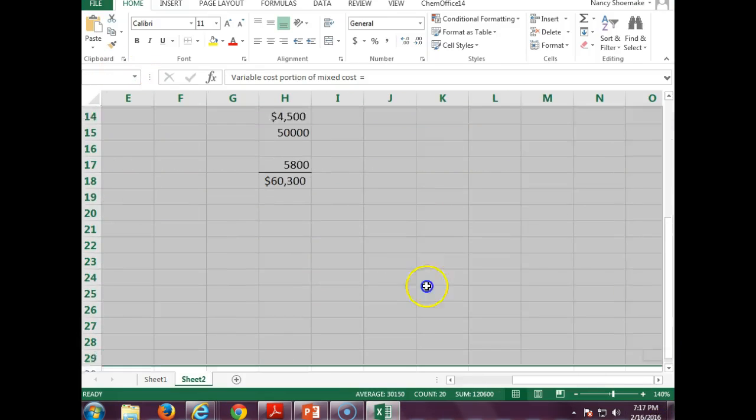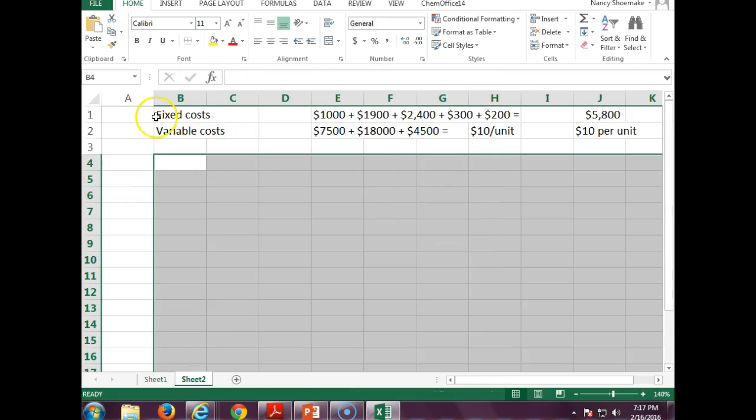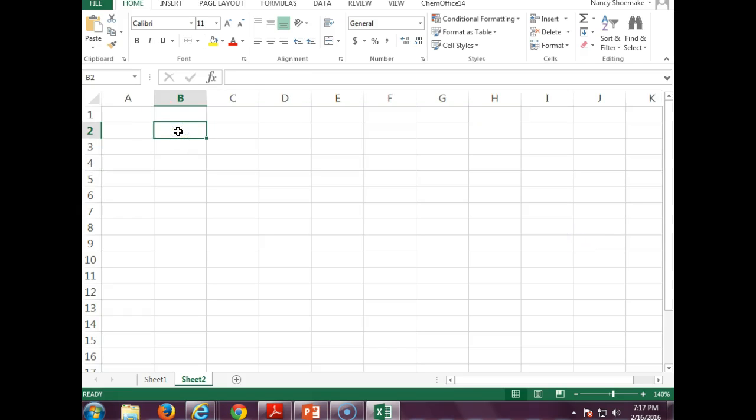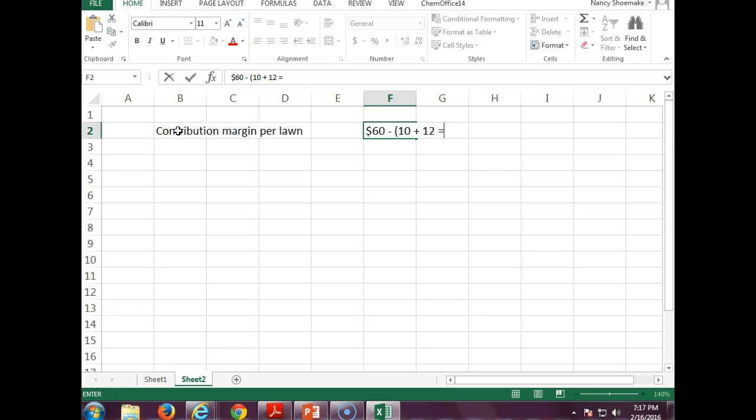So if we go here, let's take the contribution margin per lawn. $60 minus the 10 plus the 12 plus the 2. Equals what? $36 per lawn. Okay?